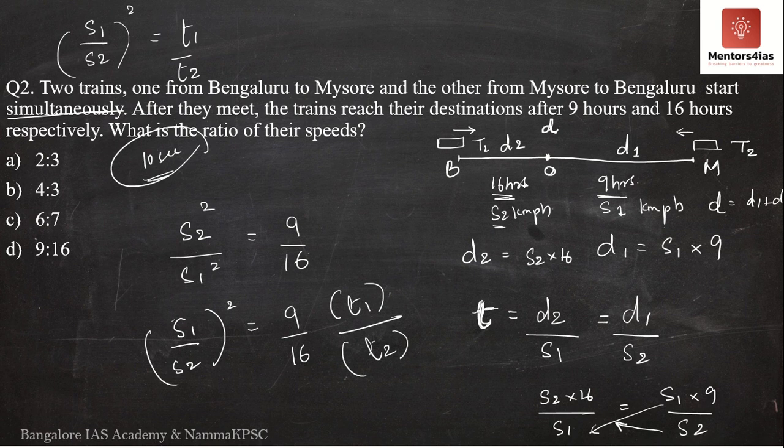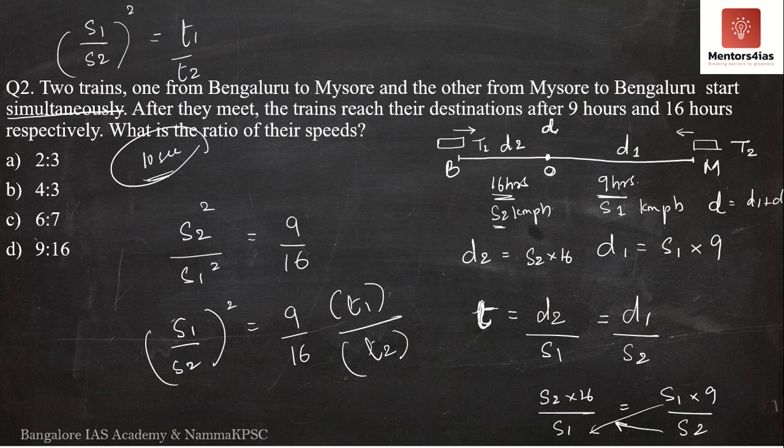If the speed is not given, you can determine the time which is taken, or if the time is not given but the speed is given, then also you can determine it. So for these kinds of questions only you can remember this formula, S1 by S2 whole square is equal to T1 by T2. If you don't remember, you can solve it by this method that I have done here. This method is nothing but to derive the formula or the shortcut, that is S1 by S2 whole square is equal to T1 by T2.